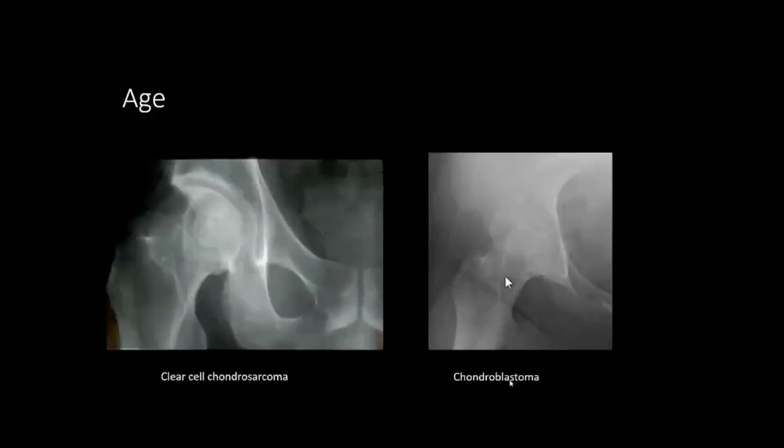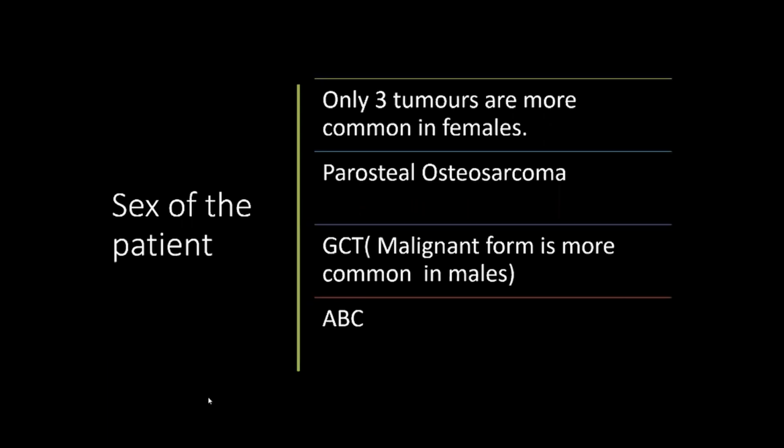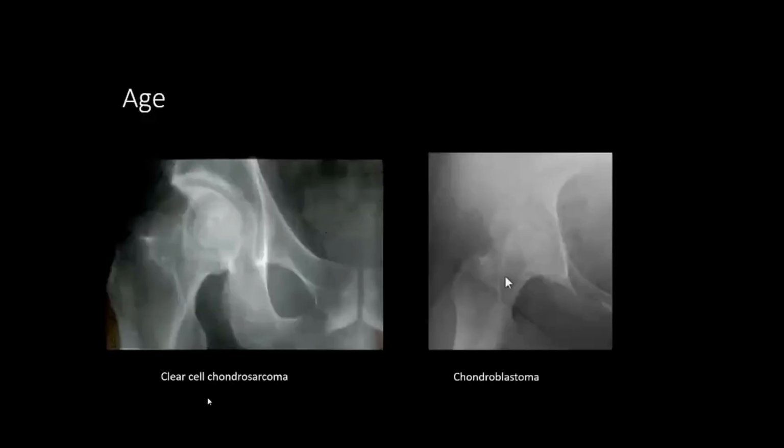Okay. No answers? I will tell you this is chondroblastoma and this is clear cell chondrosarcoma. Why? Only one factor, the age. If above 30, there is a high possibility of clear cell chondrosarcoma. Below 30, chondroblastoma.